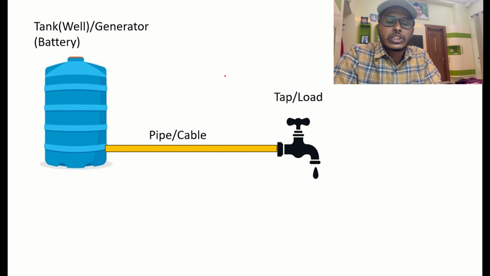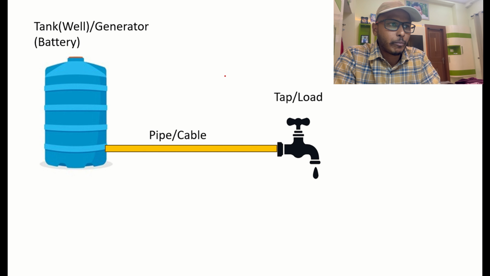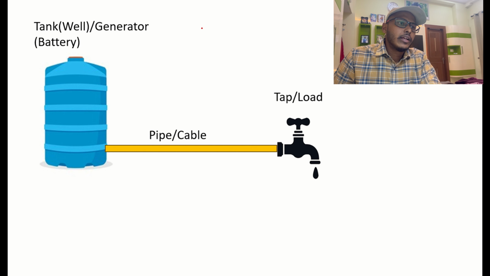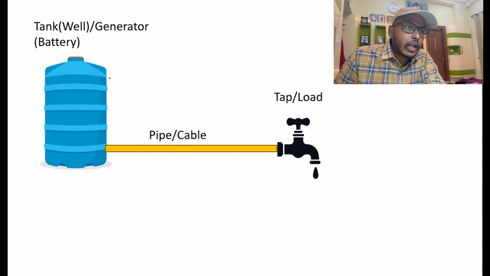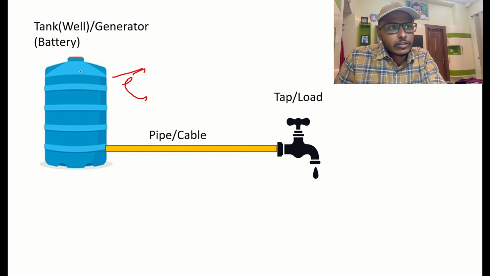Then let's start with our basic terms: voltage, current, power, etc. To understand that, as I told you, this water tank is filled with water. That means in our electrical terms, it is filled with electrons. Whenever we connect this pipe, water will flow from the tank through the pipe till the tap.